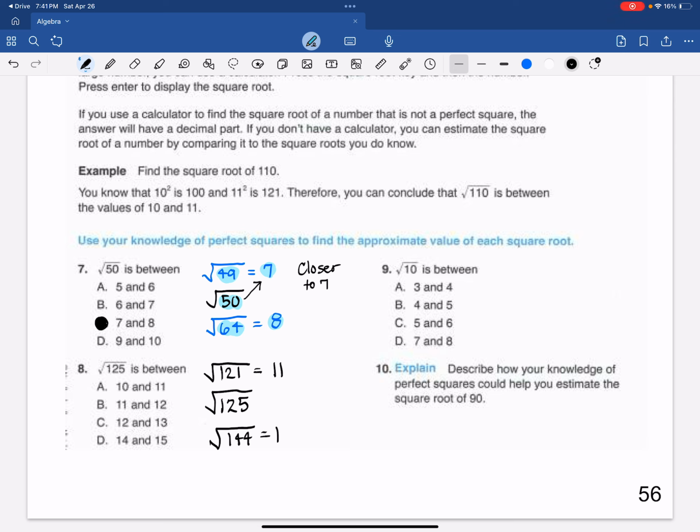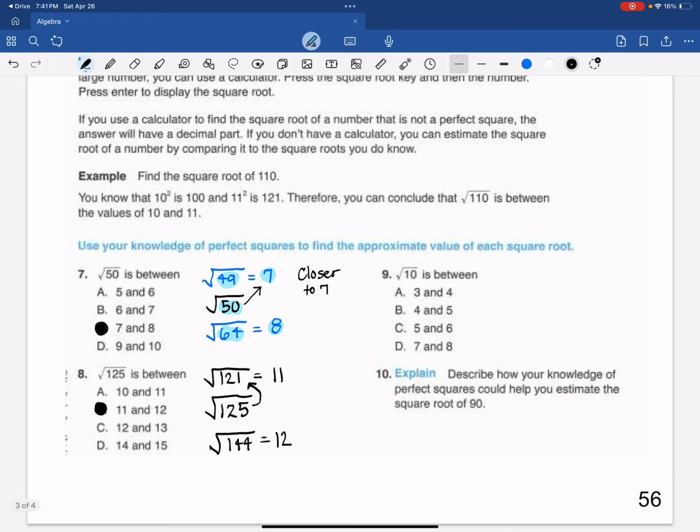So the square root of it will lie between 11 and 12, and it will be closer to 11 than to 12, because 125 is closer to 121 than it is to 144.